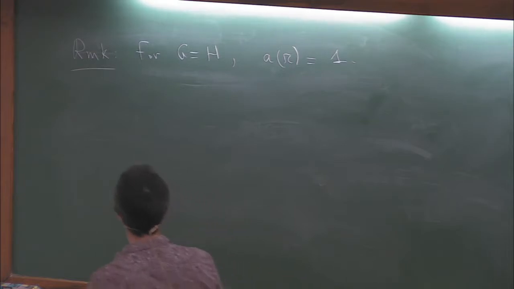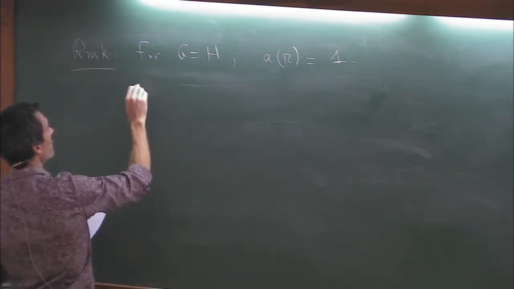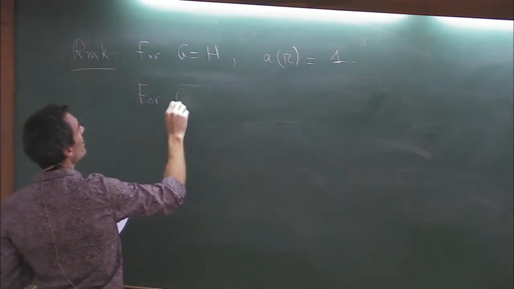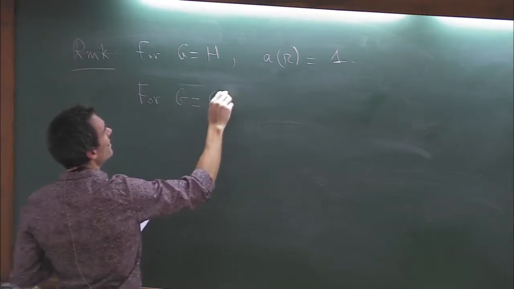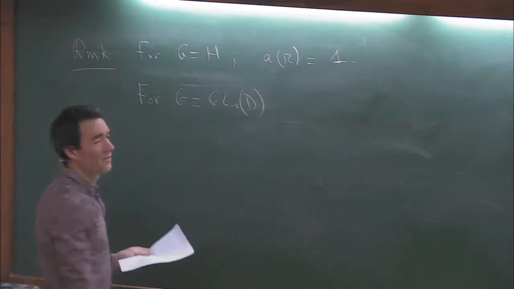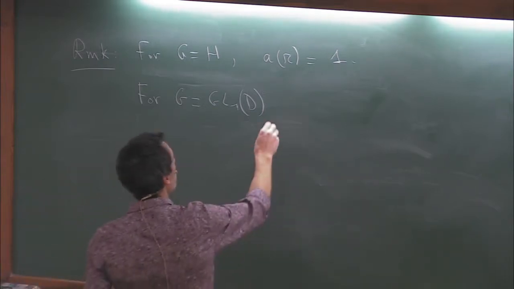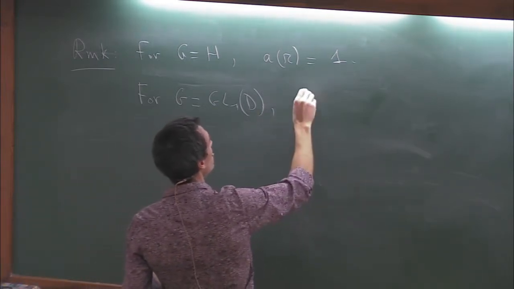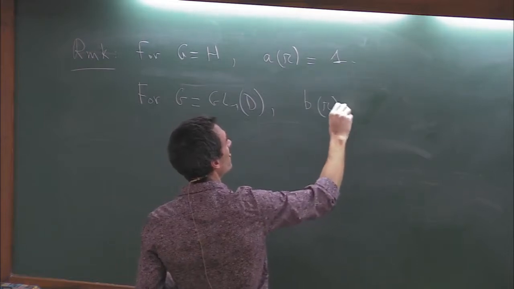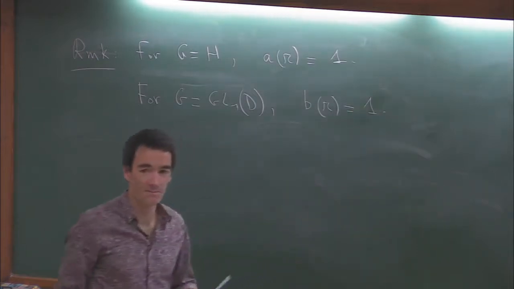And at the other extreme, if G is GL_1 of D, with D the division algebra of dimension n squared, then in this case we always have b of pi equals 1.